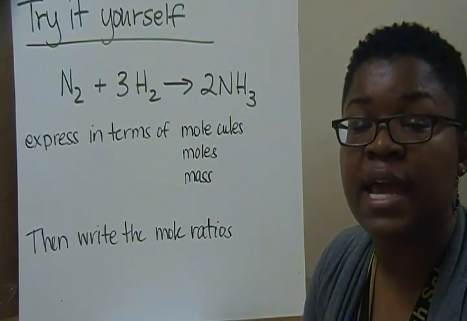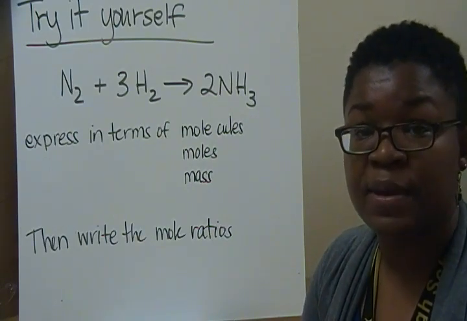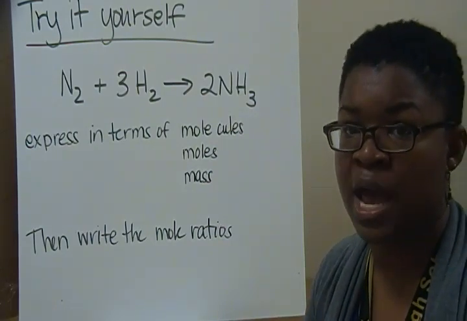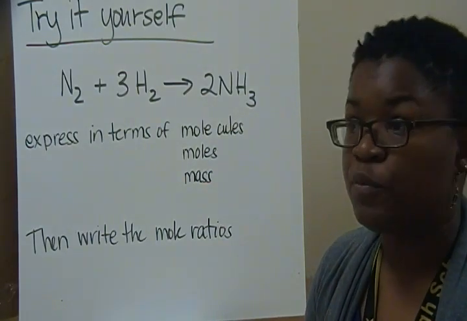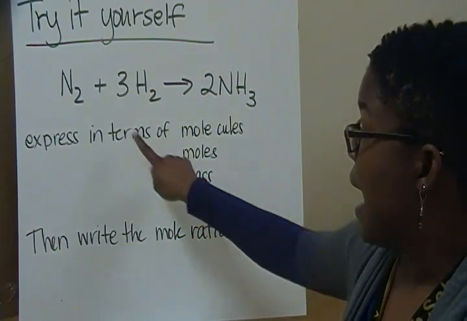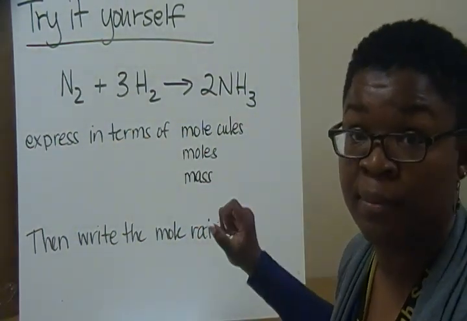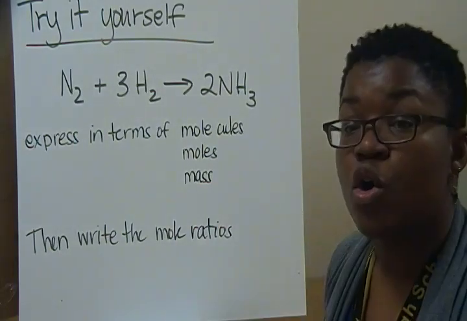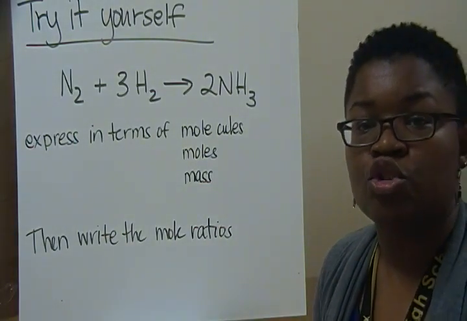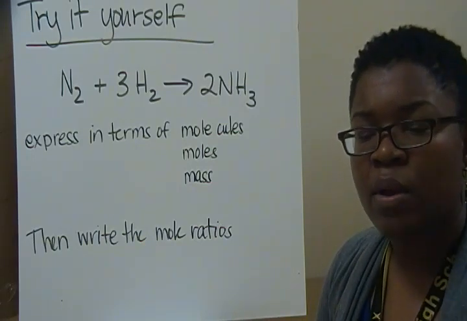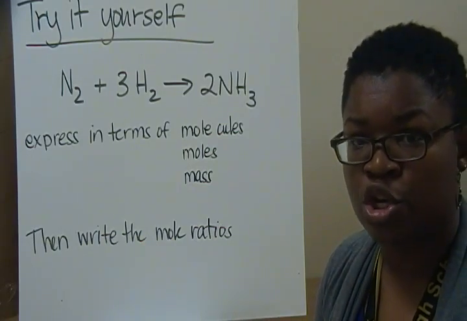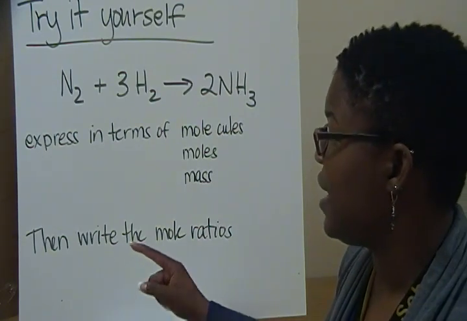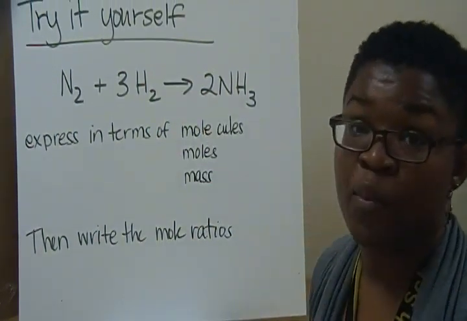So if you rewind and go back to the information in terms of the iron problem, the very first time I showed you the iron equation and how I worked that out, you'll be able to actually see how to solve this particular problem. Then what I'd like you to do is to do the same thing, but now write the mole ratios. So go back to that iron problem, see how we wrote the mole ratios for that iron, oxygen, iron 3 oxide problem, and see if you can apply it the same way.